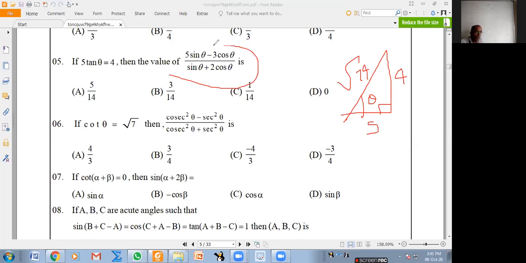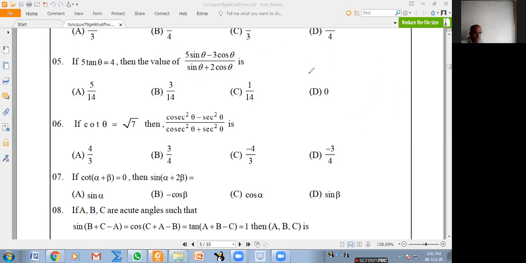Divide this expression all over with cos theta. The cos theta in the numerator and the cos theta in the denominator will cancel, and this will become tan and this will become tan.